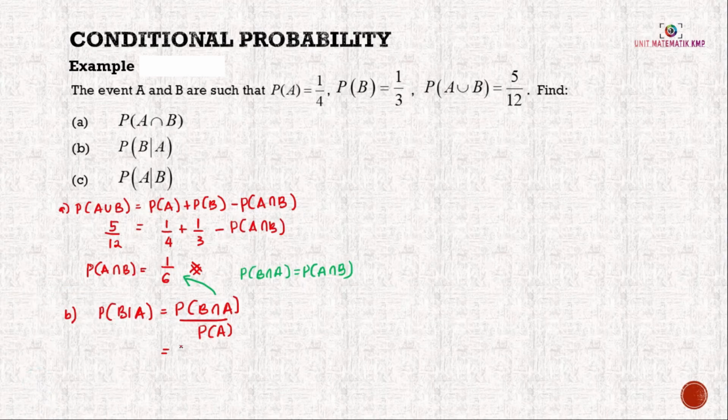So we put here 1 over 6 divided by our probability of A, which is 1 over 4, and we simplify our answer and we will get 2 over 3. Question C.